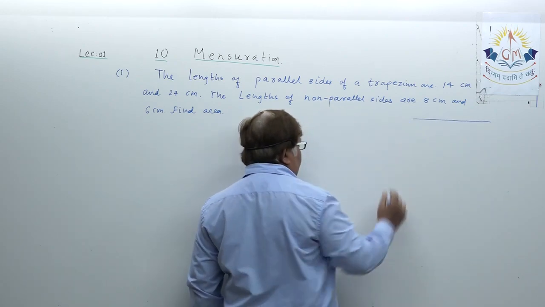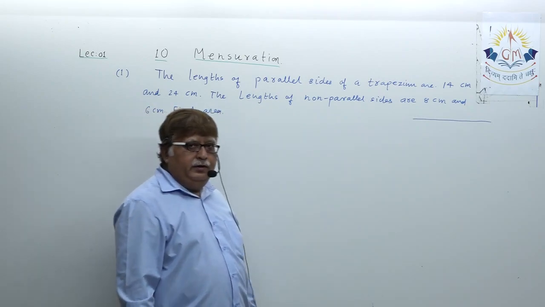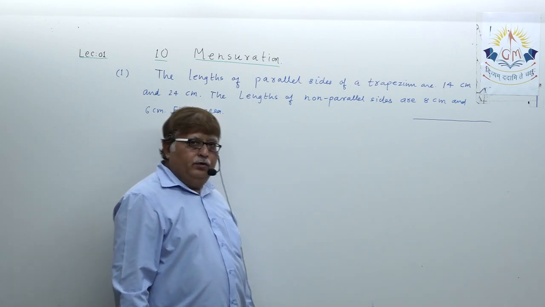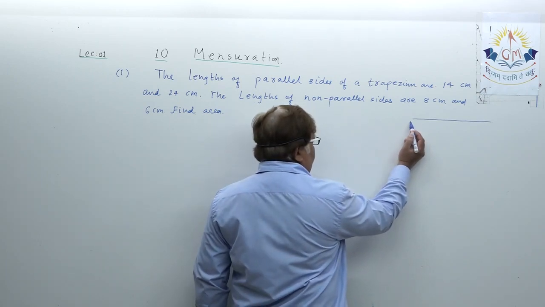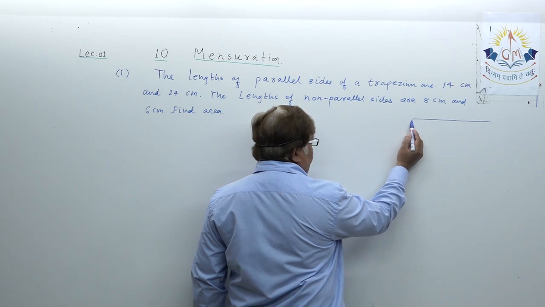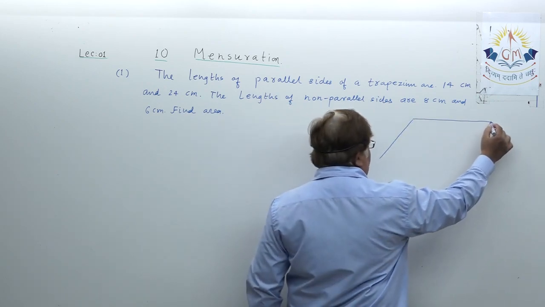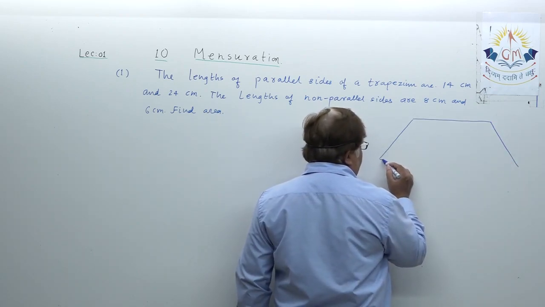I am going to keep my pace of writing in such a way that you can follow with me. Okay, so this is diagram of trapezium. Okay, first you draw diagram with me. Trapezium.